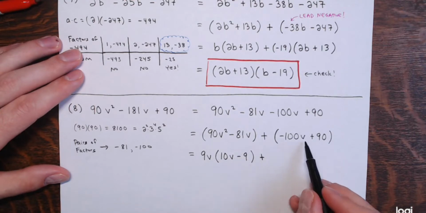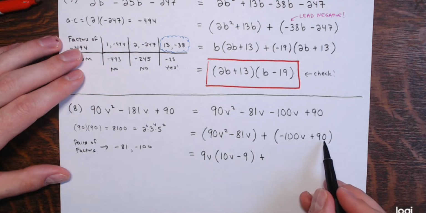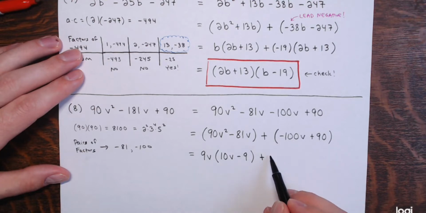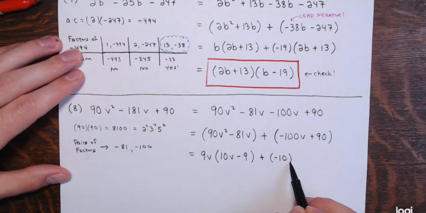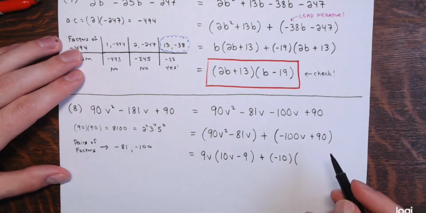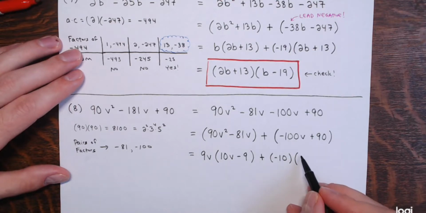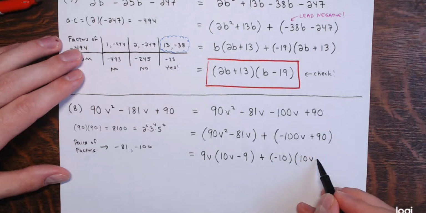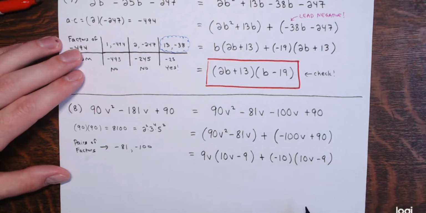Plus, and then from this, the greatest common factor would be 10, but I'm going to pull out negative 10 since the lead was negative in there. If I pull out negative 10, you'll have positive 10v minus 9 left over.